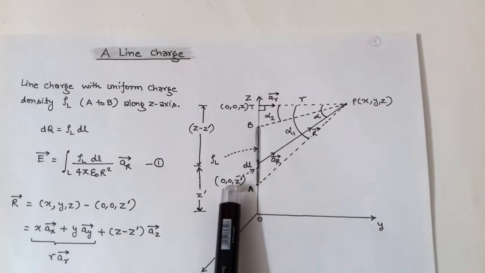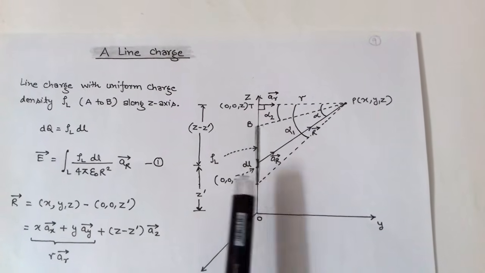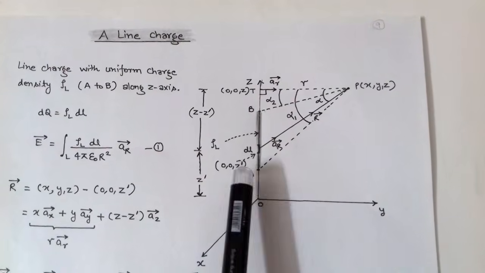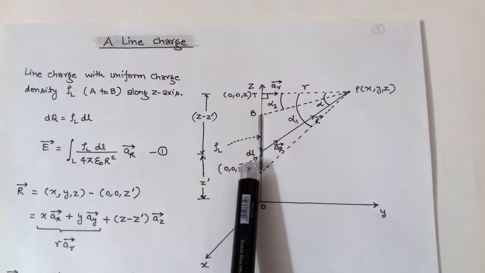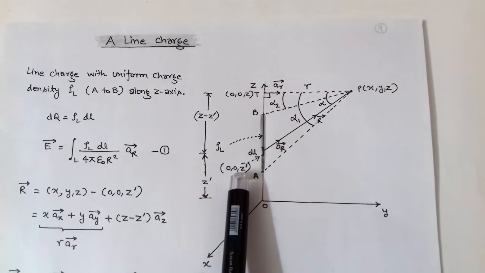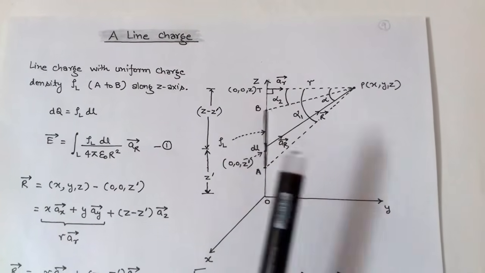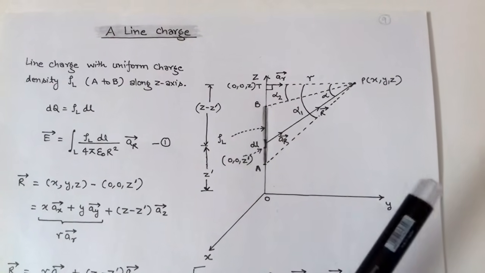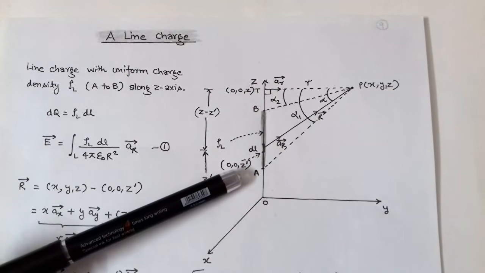So the coordinates of this dl, that is x coordinate and y coordinate, is 0 because this is on z-axis, and we assume that this dl has z coordinate of z dash, means dl is at the height of z dash. Since dl is very small, we treat it as a point.